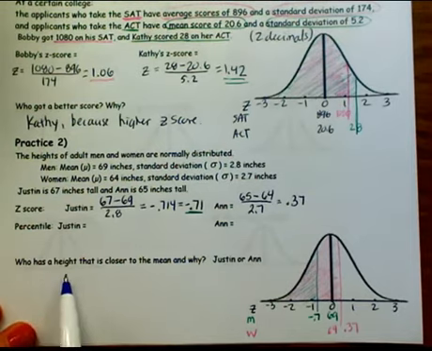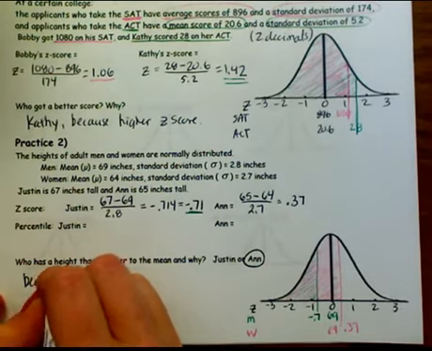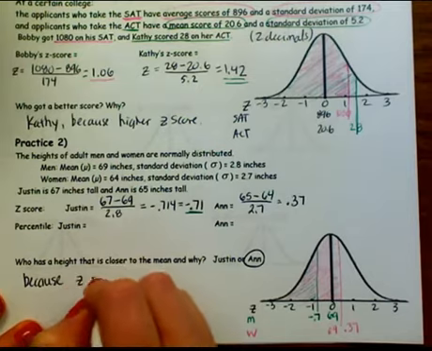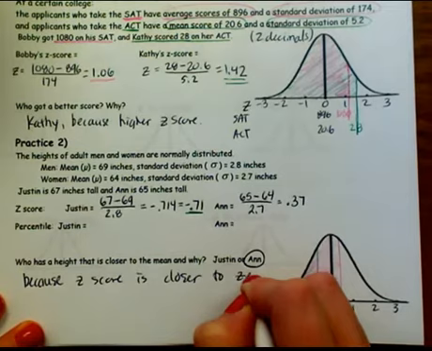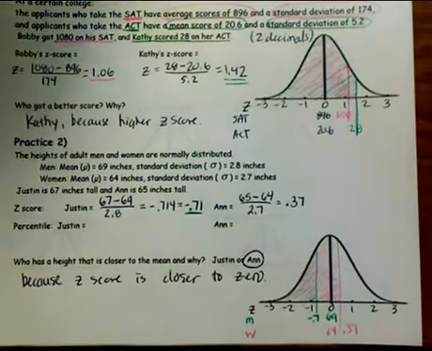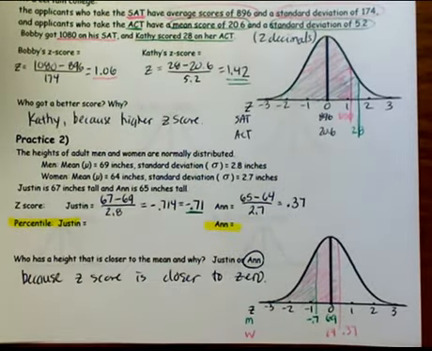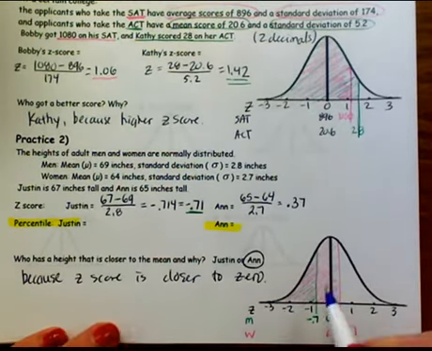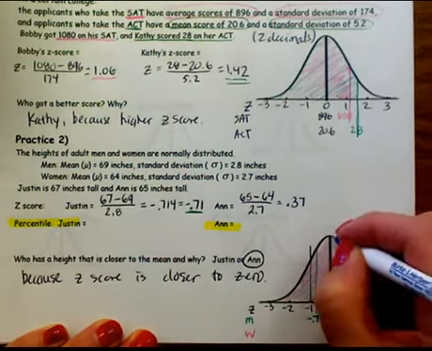Who has a height that is closer to the mean? Anne, because her z-score is closer to 0. Now for the percentile question, we're going to have to wait until we do the next page of notes here. If I were to make a guess on the percentile, I notice that it's between, okay, negative 1 and 0.